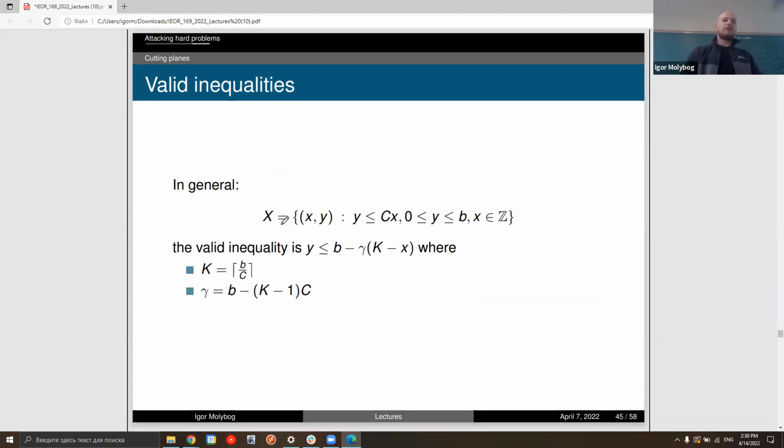If you have two variables, or actually it can be extended to the multiple variable case, where you have one integral variable and one real valued variable, with the real valued variable less than or equal to some constant c times the integral variable, and you have an inequality bounding the real valued variable between 0 and some upper bound b, then you can construct a valid inequality of this form: y less than or equal to b minus gamma times (k minus x), where k is the ceiling of the fraction b over c, and gamma is defined with b, c, and k defined above.